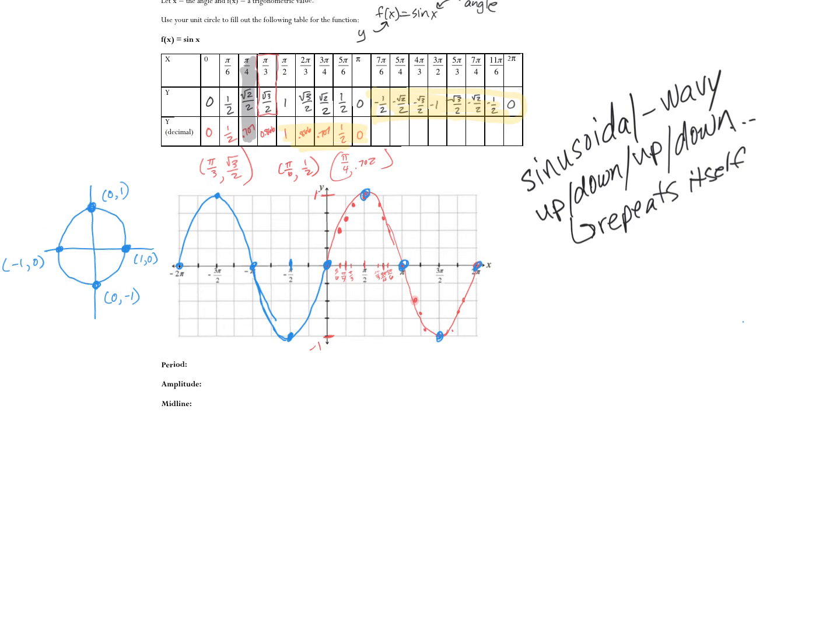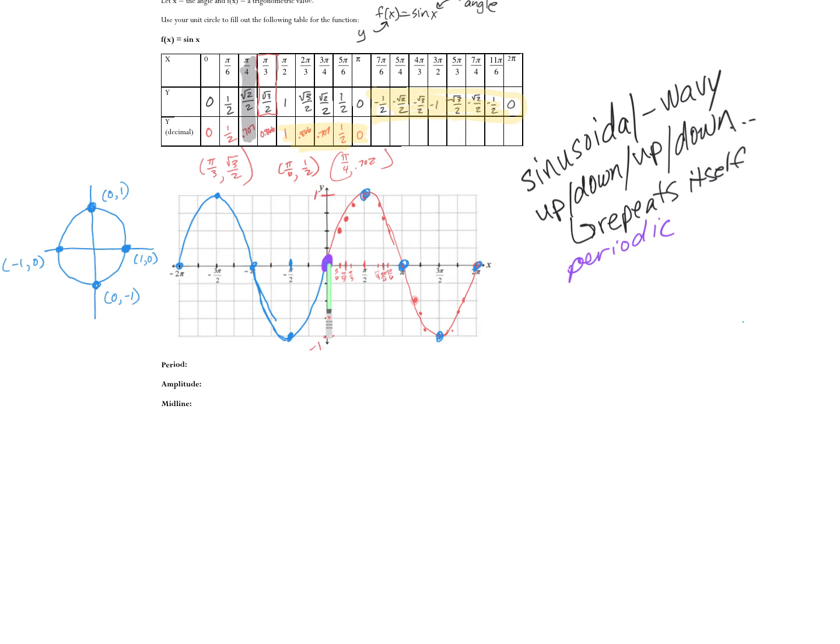Guys, the math word for a graph that repeats itself is that it is periodic. And so a periodic graph has what's called a period. The period of a graph is the time it takes to repeat itself. Everybody see my cursor?